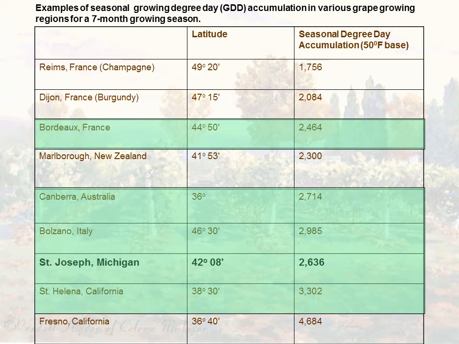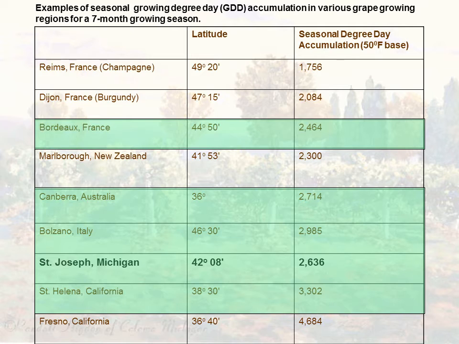And you can see that this then typifies the type of climate that has become well known for quality wine production, be it Napa Valley, St. Helena, be it Canberra, Australia, Bordeaux.